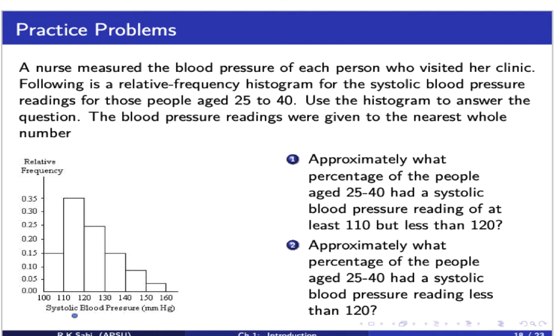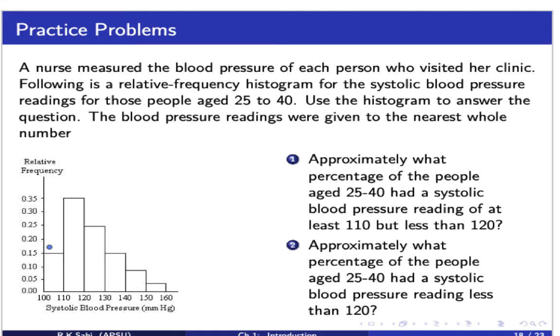So here on the x-axis is the systolic blood pressure of these persons who visited the nurse's clinic, and this is the relative frequency values. So if the systolic blood pressure was between 100 and 110, 0.15 is the relative frequency.